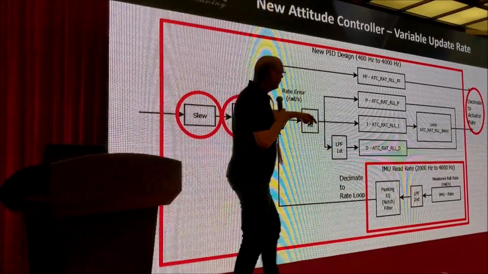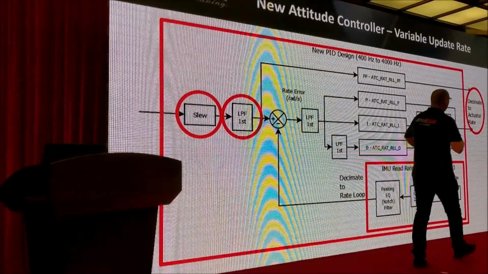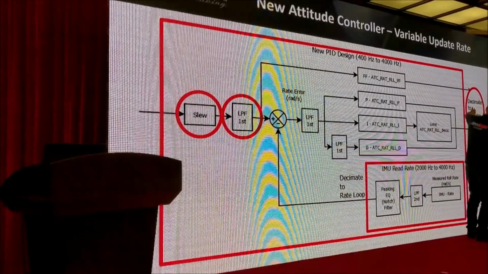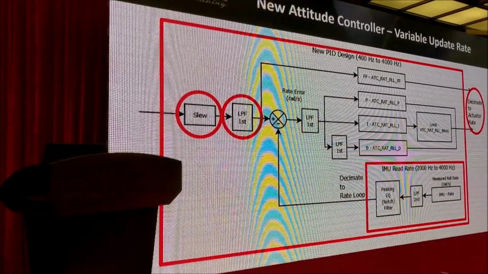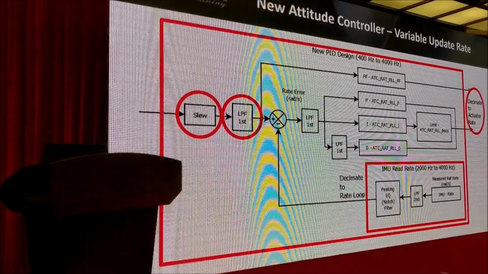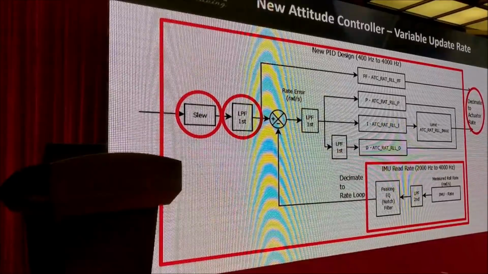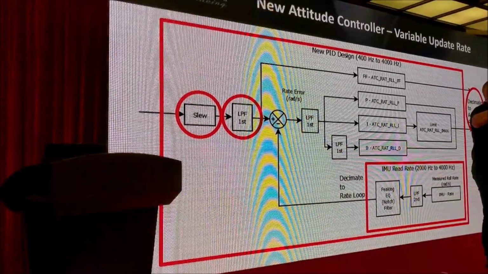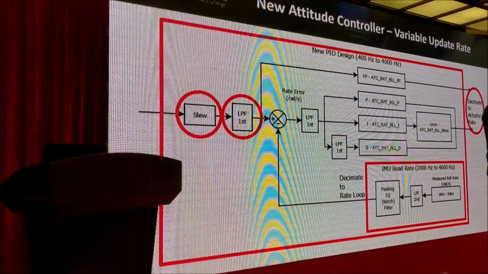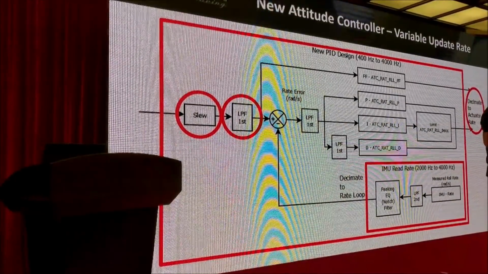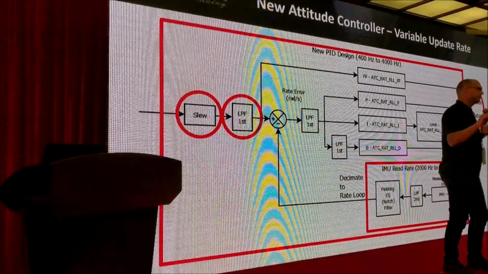Finally, this is the other area that takes a big hit. Servos, we may only be able to output to a servo at 50 Hertz. But if we run this whole loop at 50 Hertz, all those noise components that you saw would all be right in that 50 Hertz bandwidth, and it would kill the system.